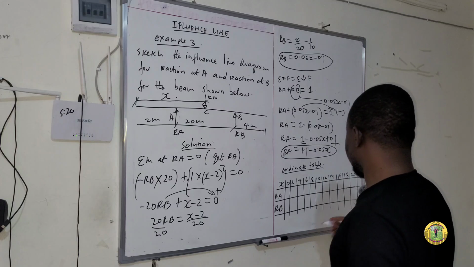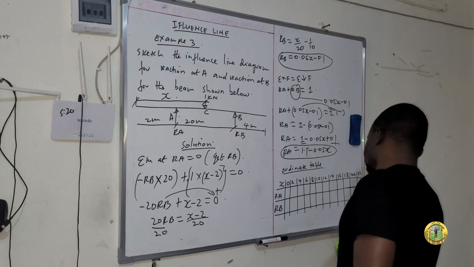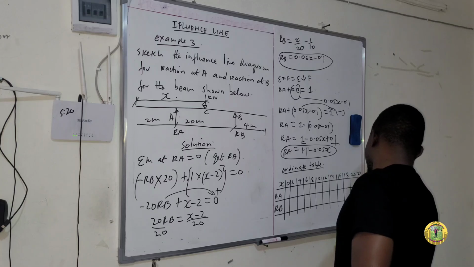Let's extend the table. So you have 22. Then 24, 26.